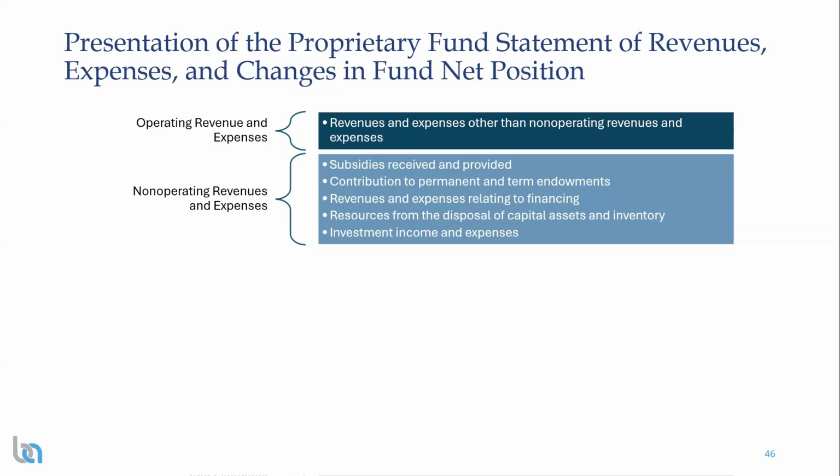Revenues and expenses relating to financing, interest income and interest expense, resources from the disposal of capital assets and inventory, and investment expense and income. Anything that does not fall in those categories is not considered to be non-operating income.